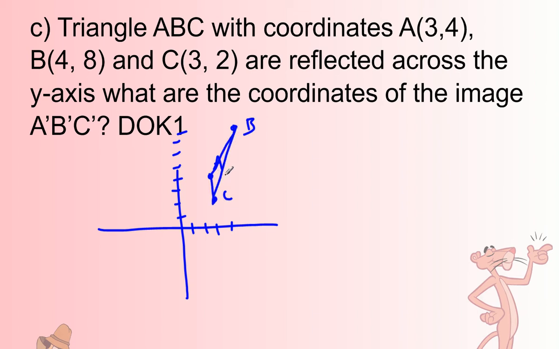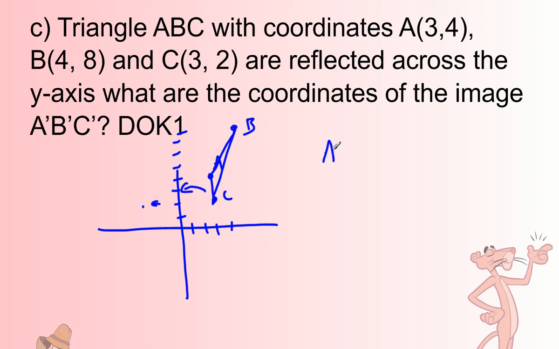So if I flick that across the y-axis, it's going to go that way. So all my y values, the height of each point, is going to stay the same. This C value has a y value of 2. C prime is going to have a y value of 2. It's just going to be over here. Same thing with A prime and B prime.